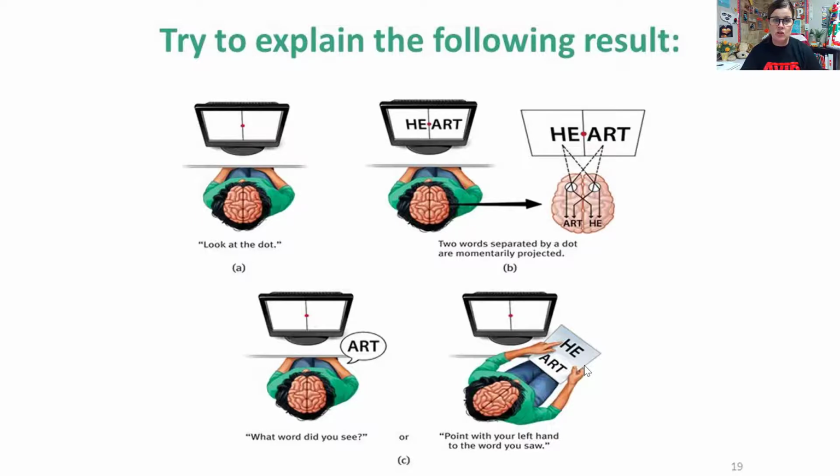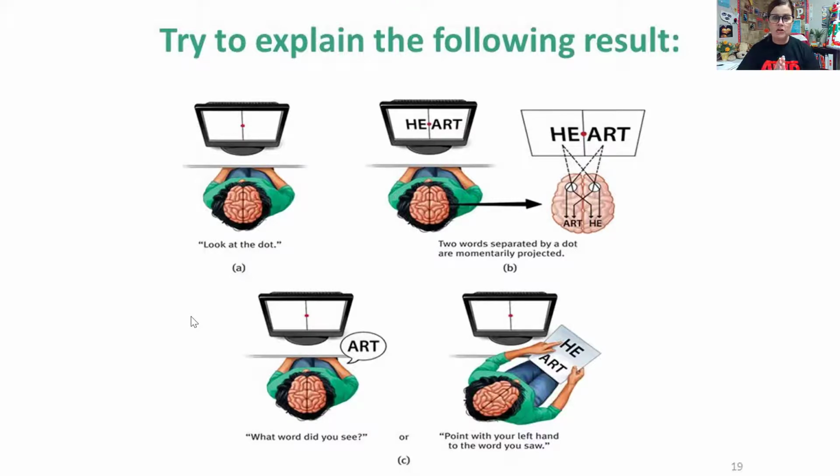You're sitting at a computer screen in this first image here. And the instructions are to look at the dot on the screen. You can see that we've adapted this picture so that the person sitting there has the open brain. But they're looking at the dot.